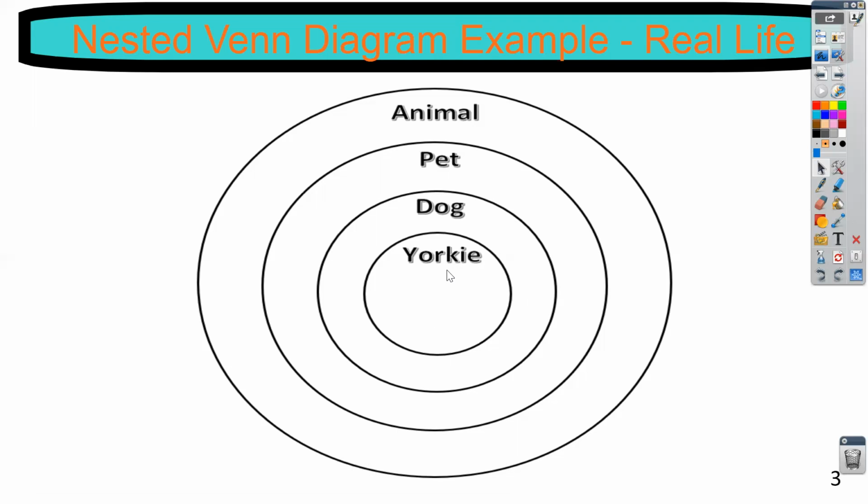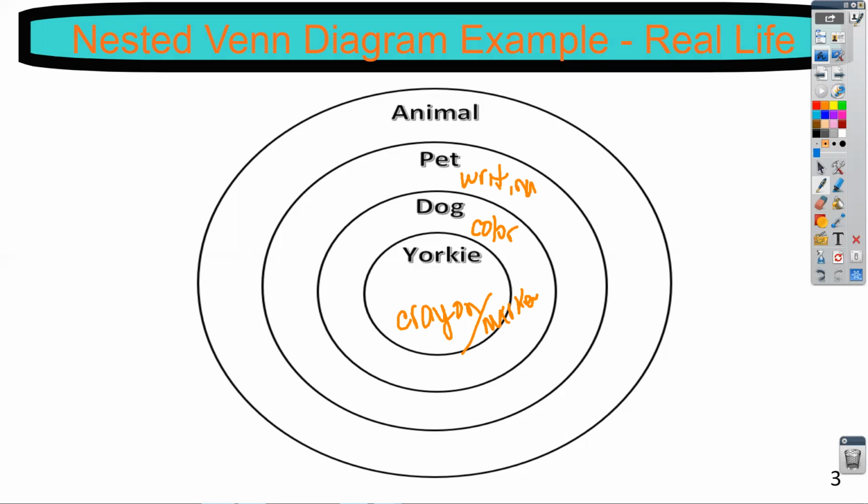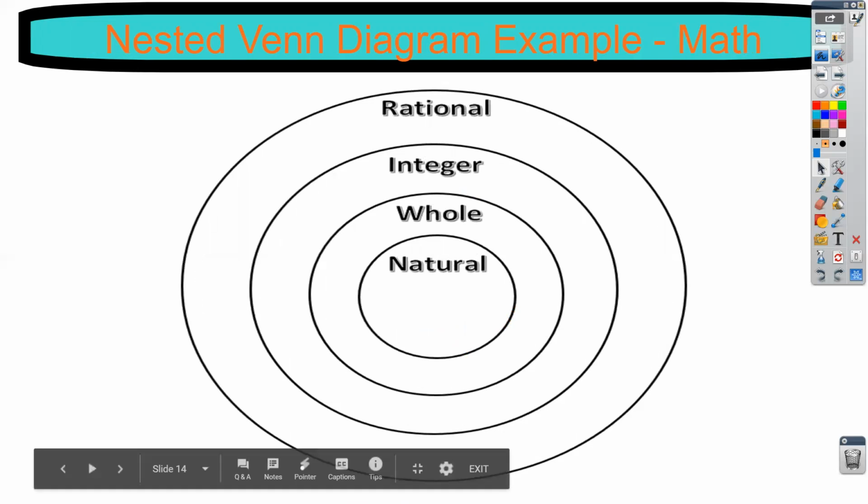So I could even be specific and say a crayon, which is a color, or we can say crayon, marker even, which is a color, which is a writing utensil, which is something else. Y'all can kind of fill in the blanks. So tons of different ways I could interchange all of that.